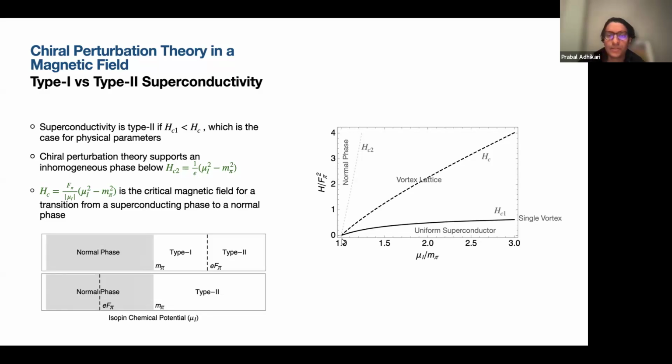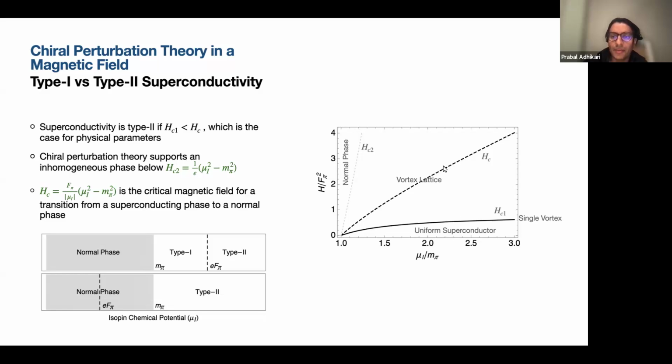And then what I'm exhibiting here is the phase transition line from a uniform superconductor which exists for extremely weak fields. So if the field is really, really weak, there's enough superfluid charge and superfluid current to cancel the magnetic field. That's that phase. On this line is the single vortex phase.